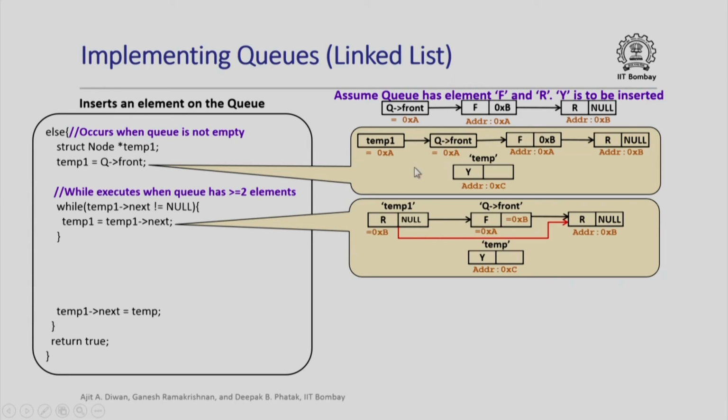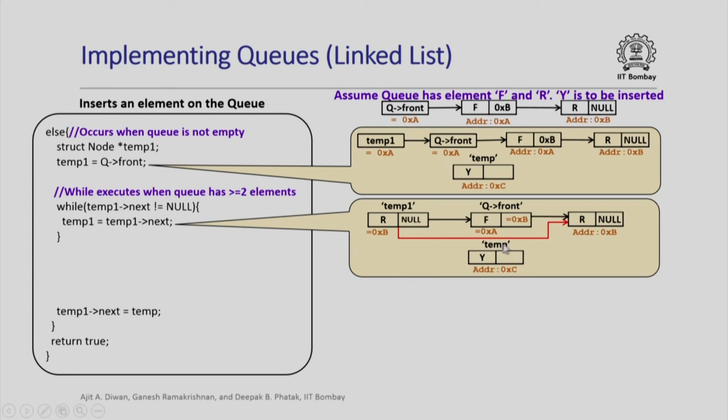So, that means I will move away from f and go to r, it will now point to r and now I know that this is the last element because this pointer is null, which is what I am examining. Temp1 next is null. As long as it is not null, I will keep traversing. When I come across the last point, I know this is where I have to insert the new element. All that I do is I set temp1 next to temp and return true.